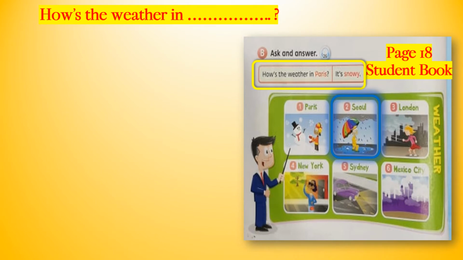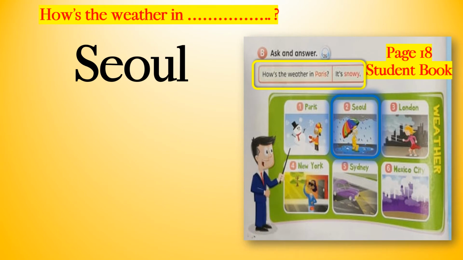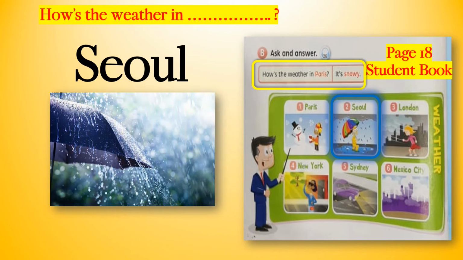How's the weather in Seoul? Do you remember? Seoul is the city in South Korea. How's the weather in Seoul? Oh, it's rainy. It's rainy.